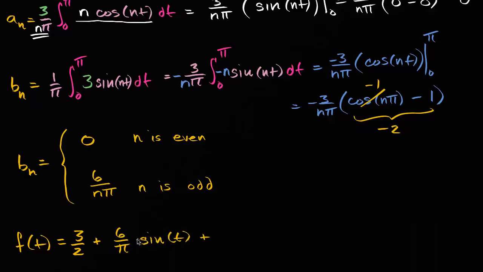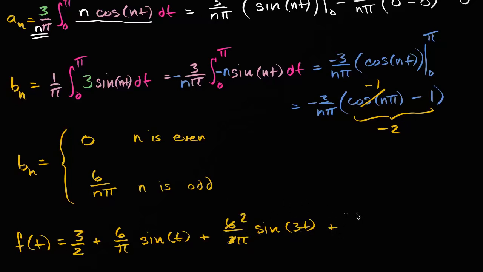Plus, now we're not going to have a b sub 2. We're going to have a b sub 3. So 6 over 3 pi times sine of 3t. And of course, this is the same thing as 2 over pi times sine of 3t. Plus, now we were not going to have a b sub 4. We're going to have a b sub 5.